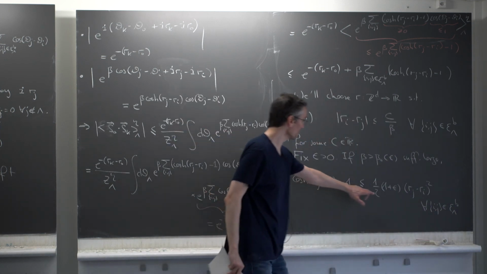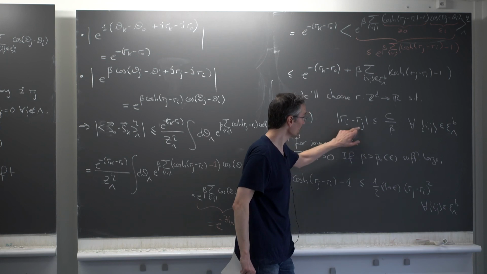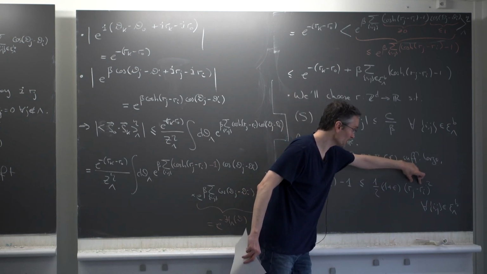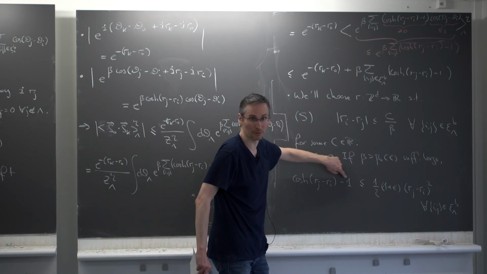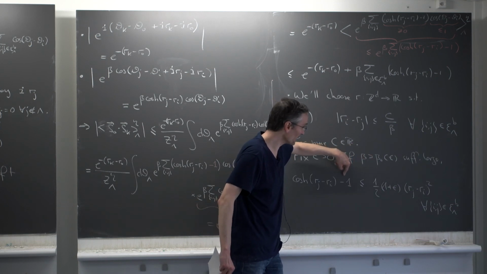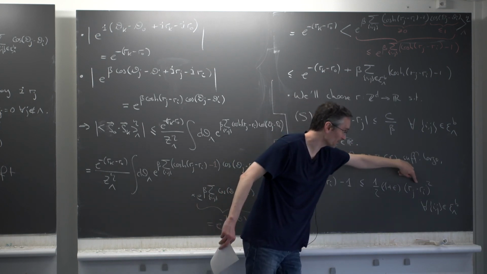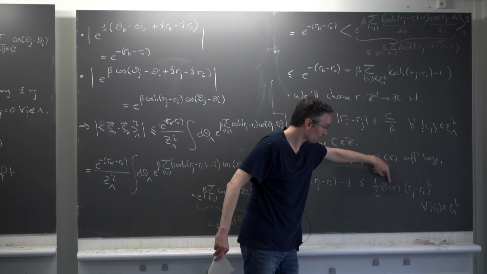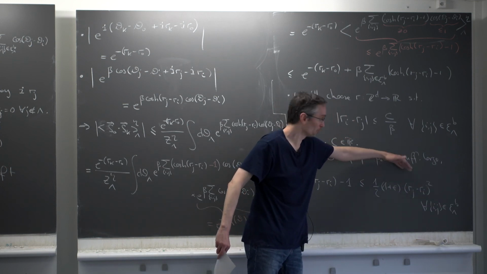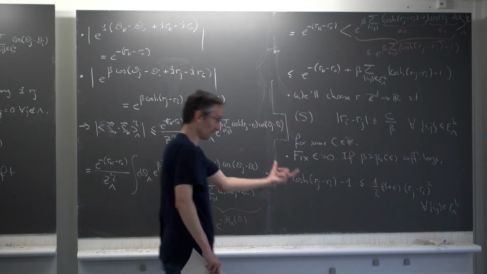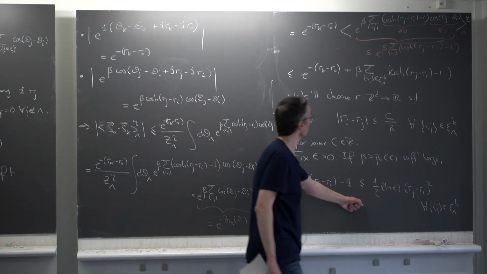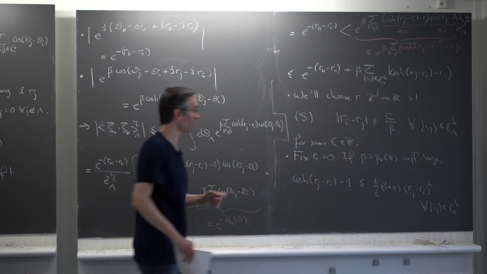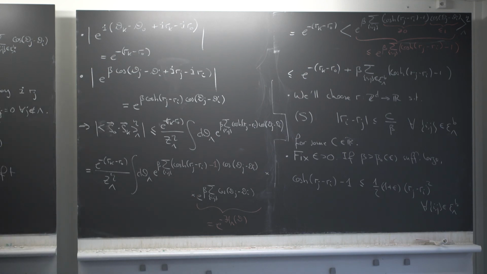The only thing I'm using is that if I choose beta sufficiently large, this difference R_j minus R_i is as small as I wish, and then I can Taylor expand the cosh. The first term is 1, but I'm subtracting 1, so it disappears. The next term is second order, since it's an even function. I'm just using 1 plus epsilon to incorporate all the remainder, the error terms. So we get a bound of this form, which I can now inject here, and I get my final bound on this correlation function, which is now very nice.